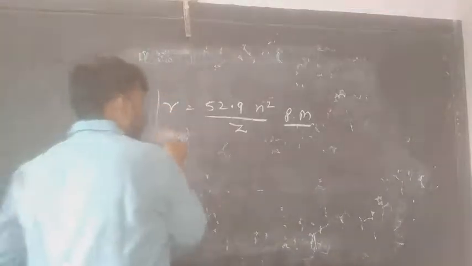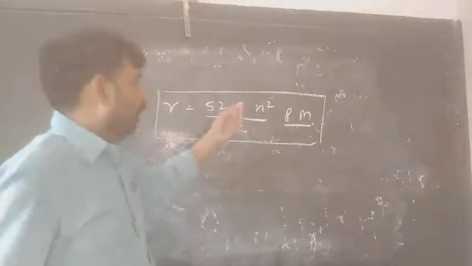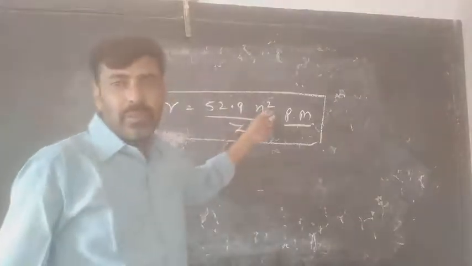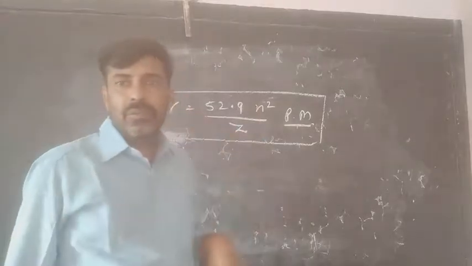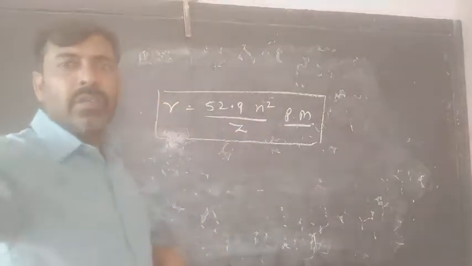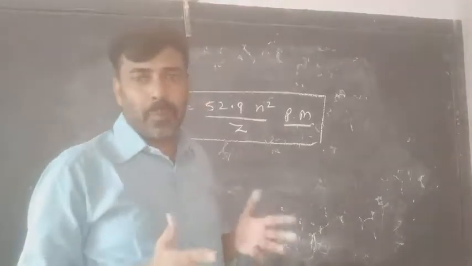Then this is the radius for any of the orbital, where n is the principal quantum number, that means the shell number you can say, and Z is the atomic number. This was the model given by Bohr.